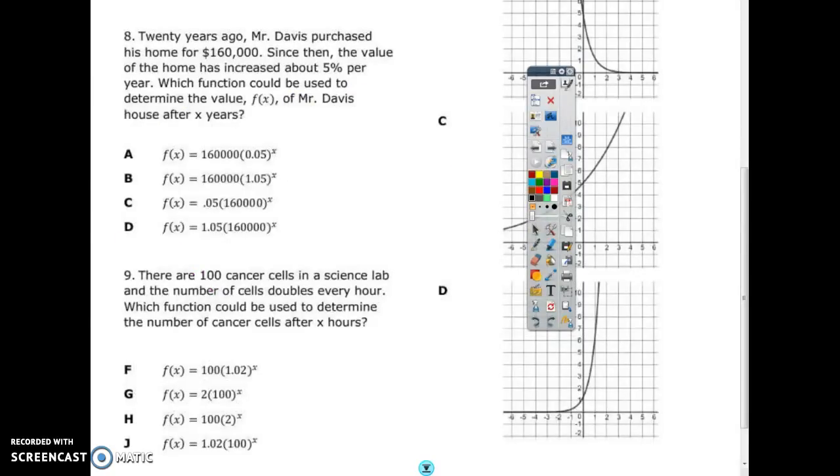Okay, so I'm going to do 8 and 9 really quickly. Remember, these are both exponential functions, and I can tell because all the equations are to the power of x. Okay? And if you remember, we have y equals a, which is the initial value, which you start with, times b, which is either a growth or a decay, to the power of x. So this number in the front is what you start with.